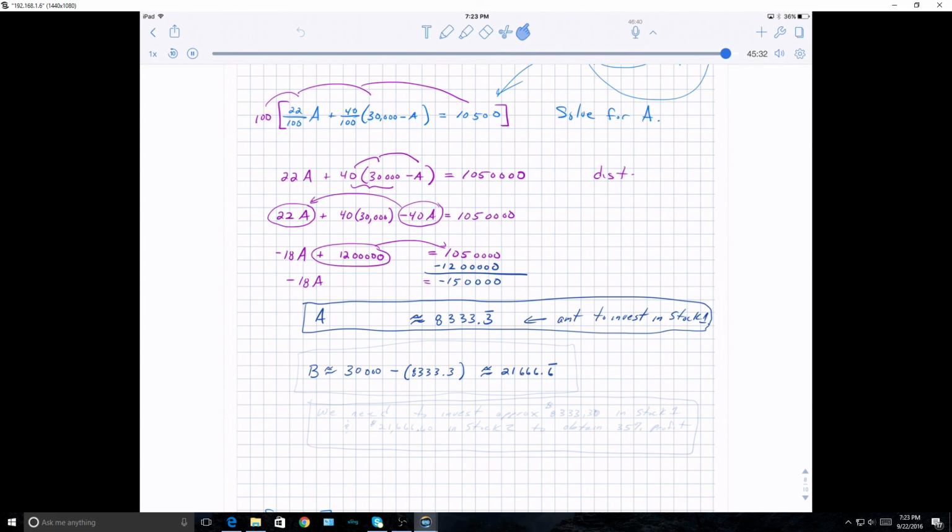So, well, what does that mean? That means that we need to invest approximately $8,333.30, 33 cents, approximately this in stock 1 and 21,666 and like 60 cents or so approximately in stock 2 to obtain 35% profit.